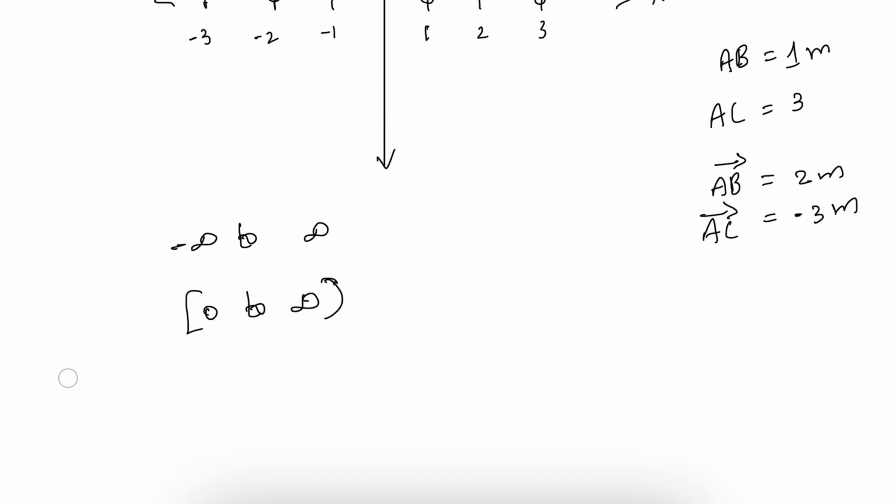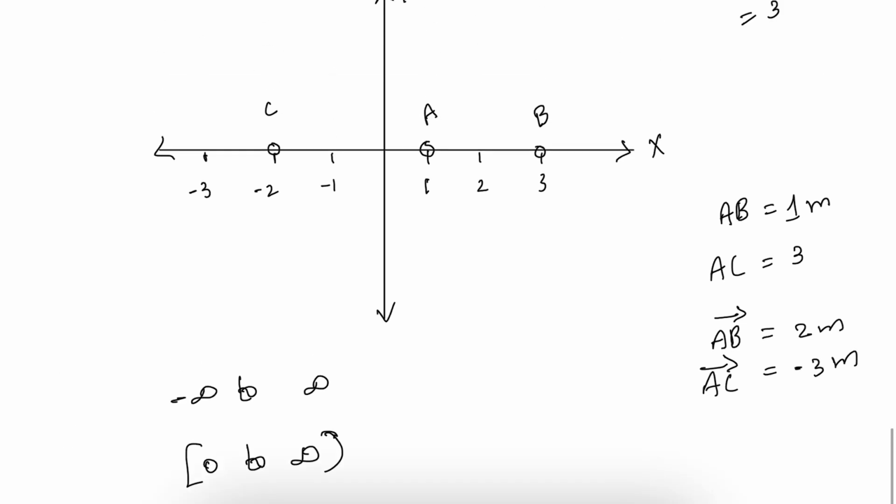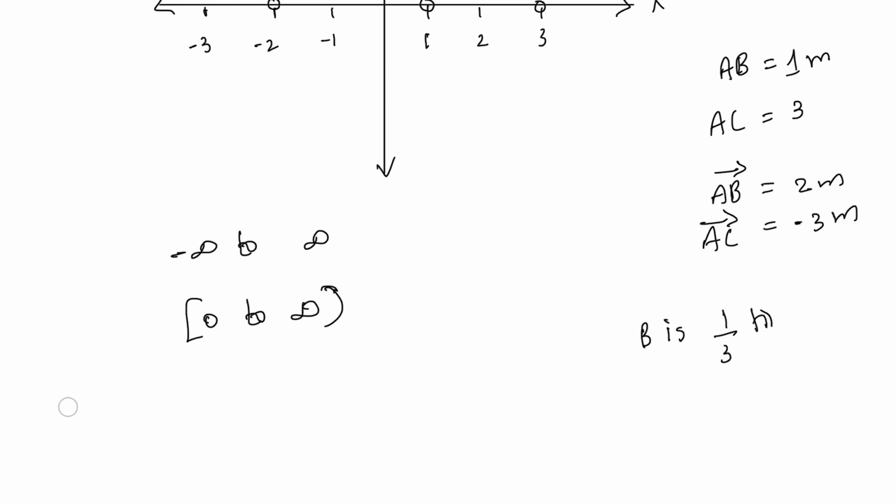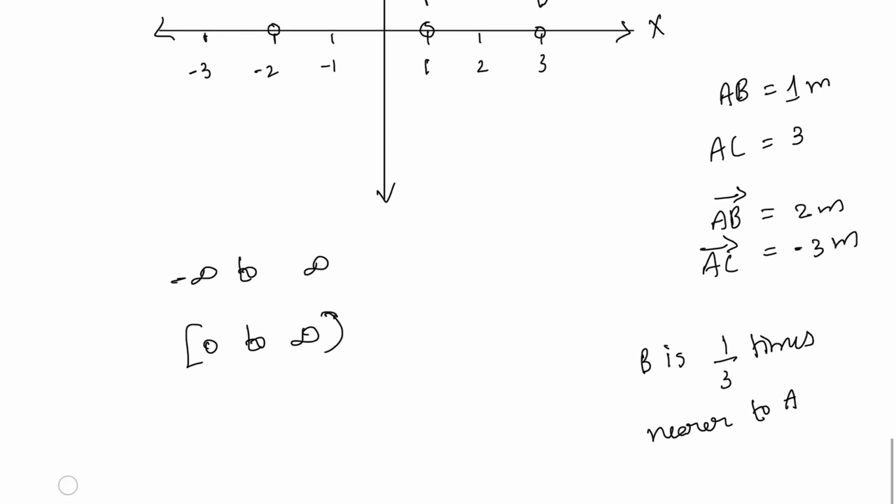Now let's come to the same case, AB and AC distance. Now if someone asks, tell me the ratio of the distance between AB to that of AC, then I can easily calculate it as AB divided by AC, which means B is 1/3 times nearer to A than C. As I am considering the distance, I can just find the ratio, which is 1/3.